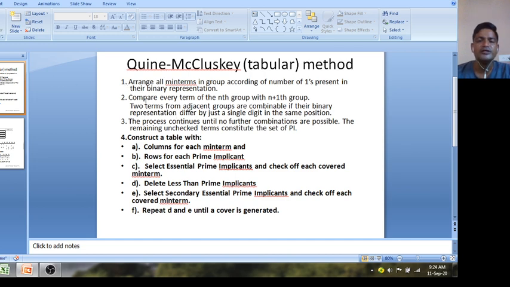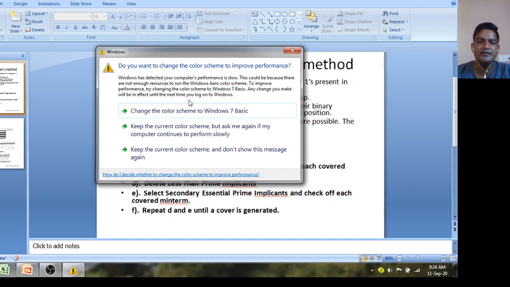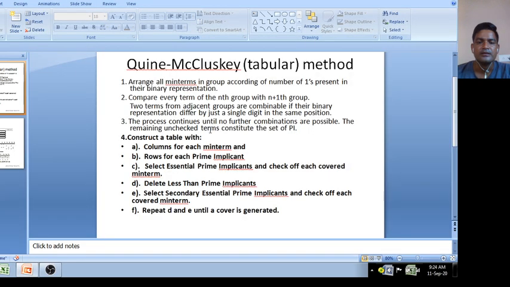Now what is the possible combination? For this it again uses Gray code. The possible combination is that at one time, only one variable should change.